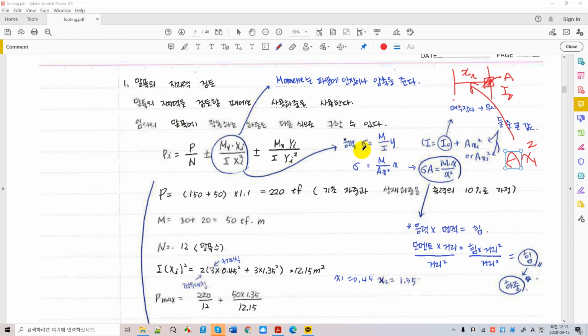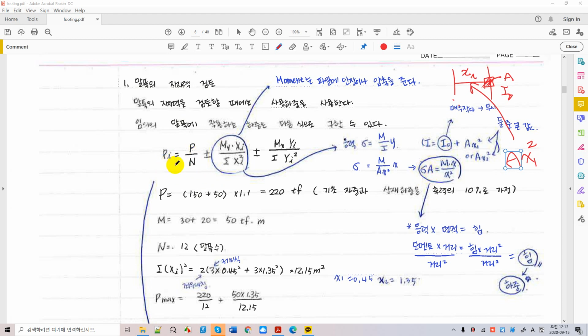So sigma A becomes force P on the left side of the term. Force P becomes My over x1 squared, right? So look at that. Sigma A becomes this, and this is nothing more than a force, okay? So now here we have this equation, right?